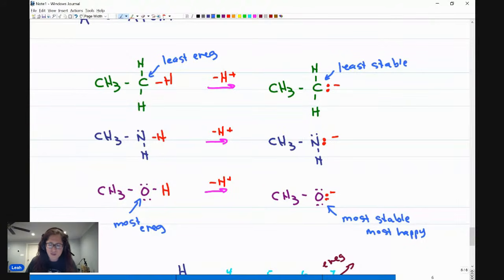That's a new thing. He doesn't want to go. Carbon, kicking and screaming and coming up with excuses. It does not want to form. So if it doesn't want to form, this reaction is much more likely to go that way. And that means this is your weakest acid. Kicking and screaming, not happening.